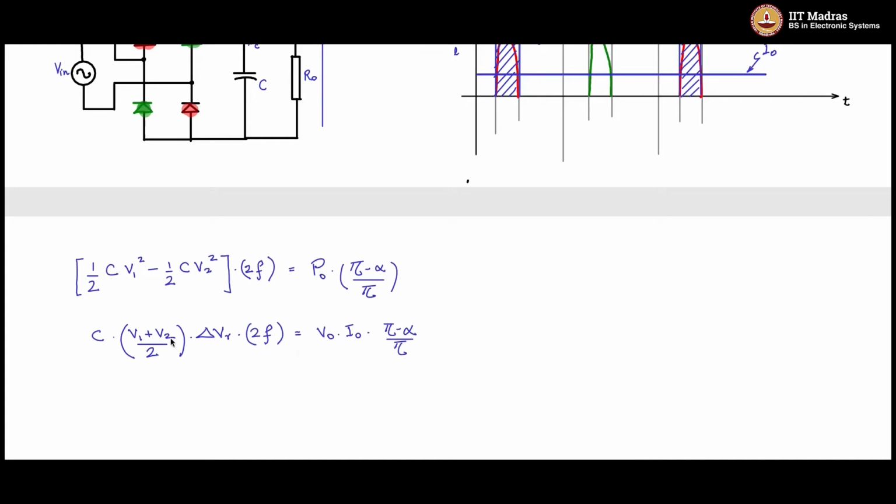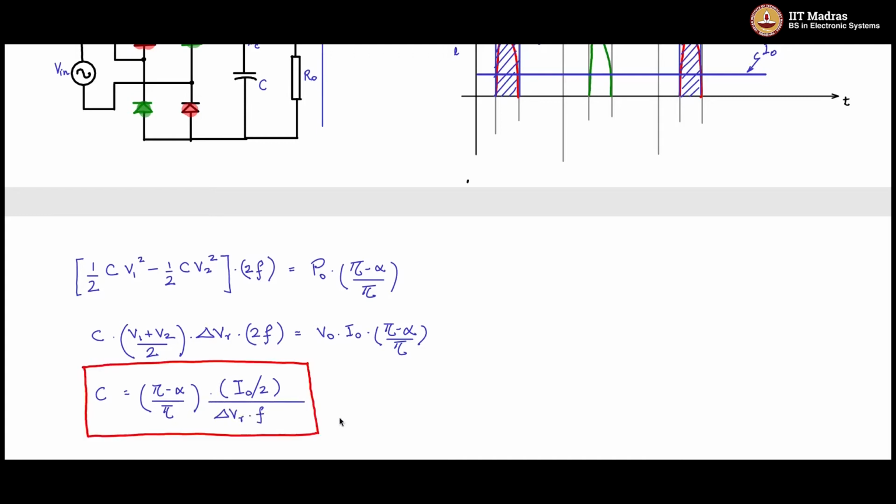The V naught here and this V naught will cancel off. So you have C is pi minus alpha by pi into I naught. This 2 also I will take this side: I naught by 2 divided by delta VR into F. This is the capacitance equation.